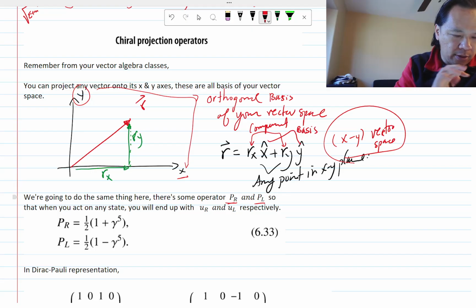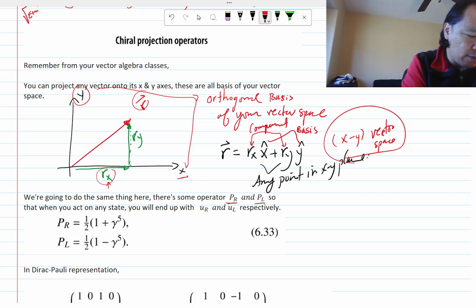The analogy is that you're doing the same thing as projecting your arbitrary vector down to the x-axis, the x basis, and by projecting to the y basis, you can project that to the y basis. And we're just going to tell you what it is.